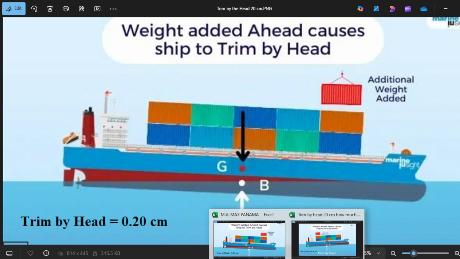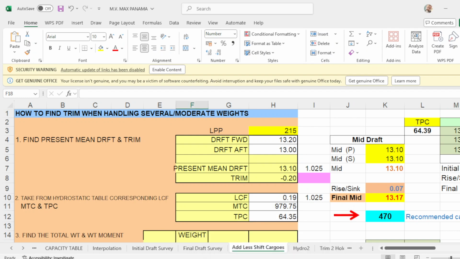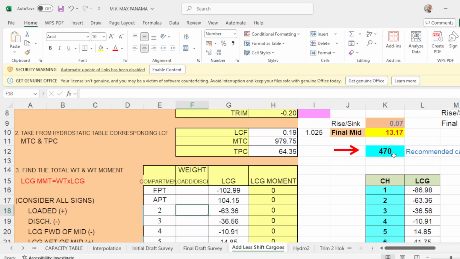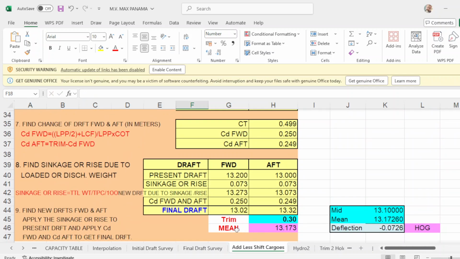Then, once you pour your ballast of 470 to your after peak, that will be positive here. When you put ballast in your after peak, your final drop forward would be 13.02, aft drop will be 13.30.